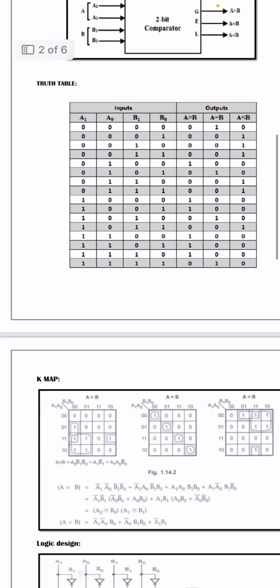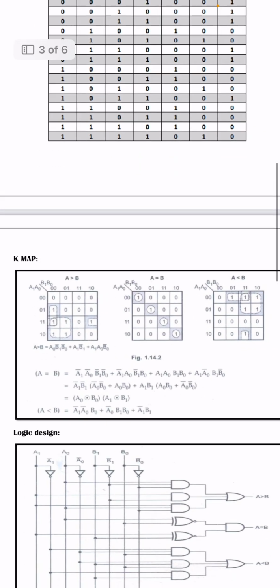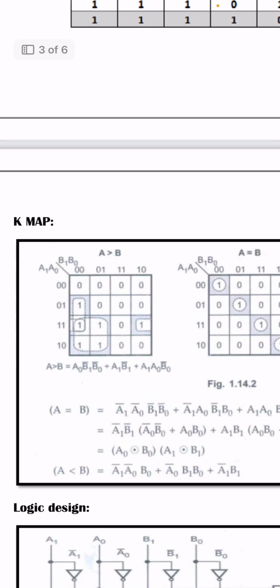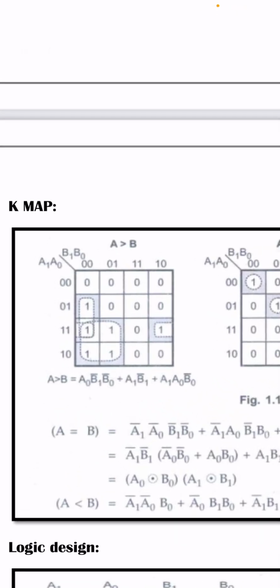Moving on to the K-map, we can see the K-maps of the three outputs: A is greater than B, A is equal to B, and A is less than B. Now I'm gonna explain how this K-map works and how we can easily make it. Starting with A is greater than B, on the top of the table we have 0 0, 0 1, 1 1 and 1 0, the same way we have for A1 A0. We made a table with 0 0, 0 1, 1 1 and 1 0.